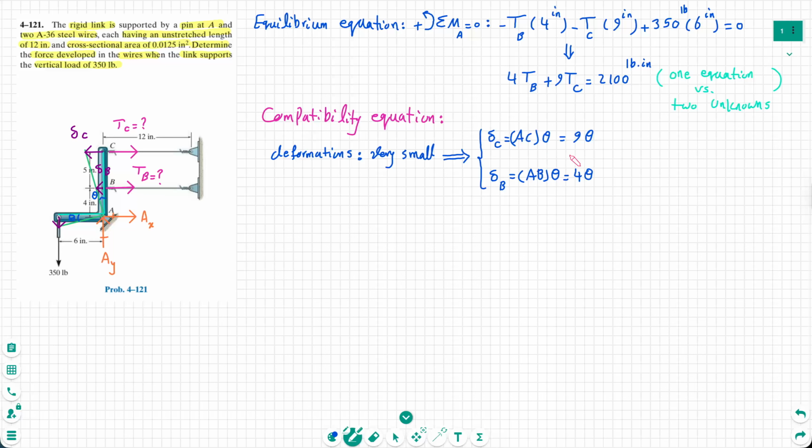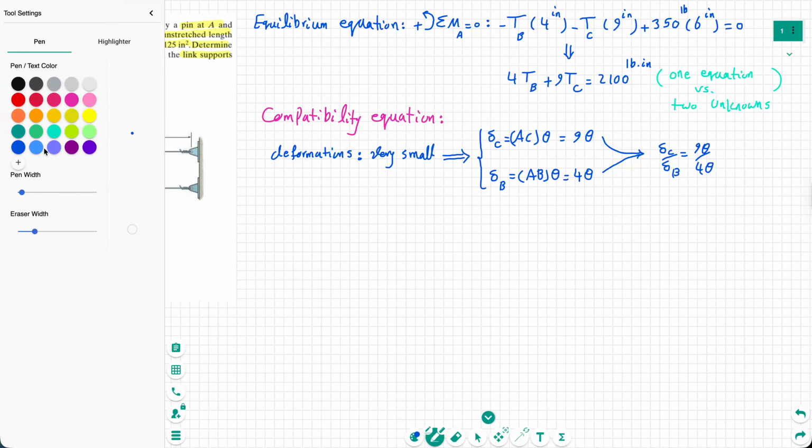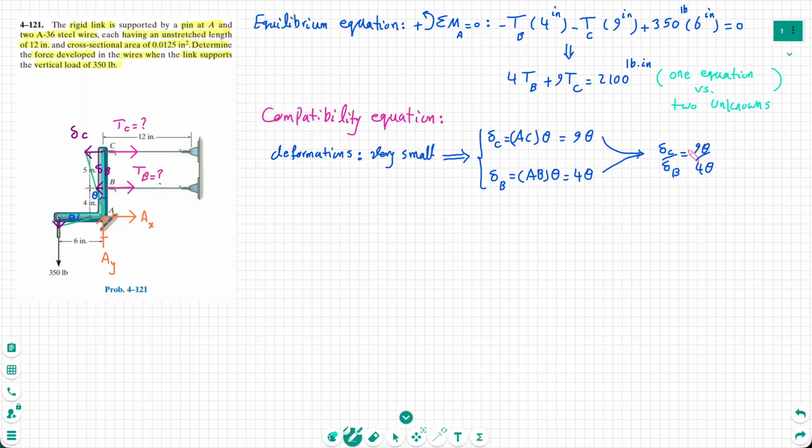Okay, why is this helpful? Because if I just divide these two equations by each other, I mean delta C over delta B, we get 9 theta over 4 theta. And because theta is the same for both, I can just cancel out theta by theta.